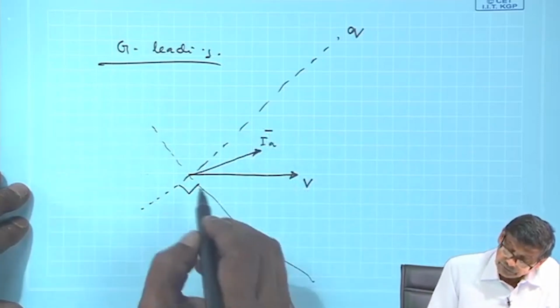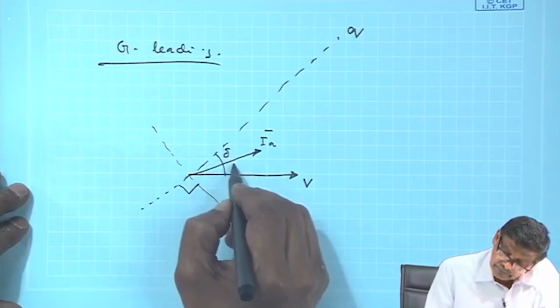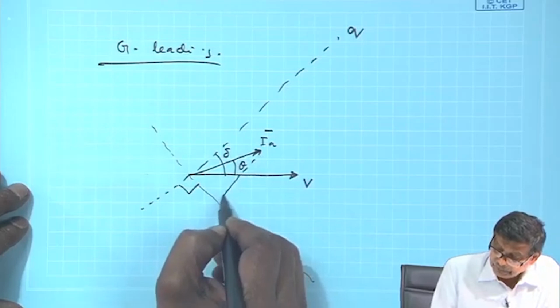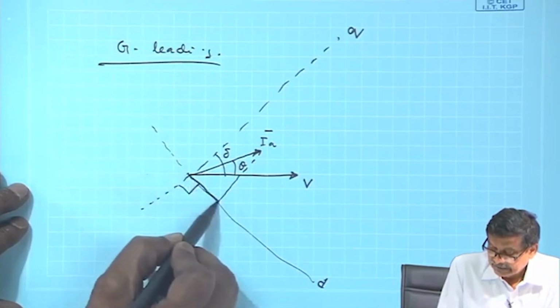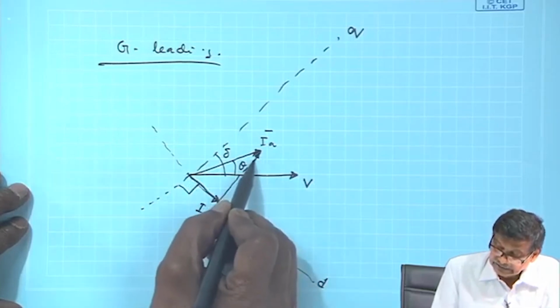Then what do I have to do? Then you know this angle is delta, this angle is theta. Then IA, I have to break it up into two components, D axis, that is ID, and this is IQ.